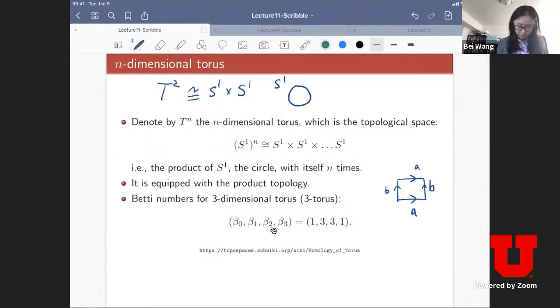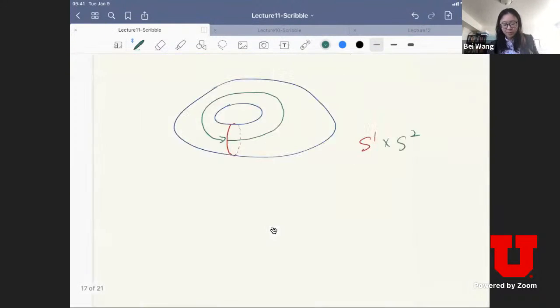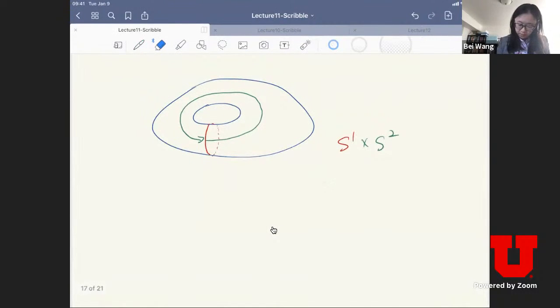Now the three-dimensional torus is the product of three copies: S1 times S1 times S1. What do I mean by that? I start with S1 and multiply one copy of S1 on top of it. I take the current space and rotate it in a circle, and that will trace out the surface of my 2-torus.